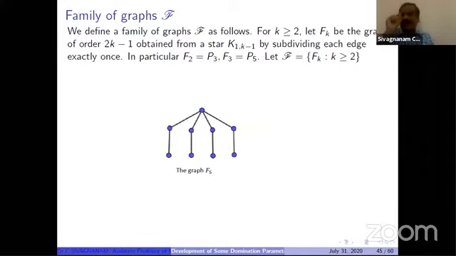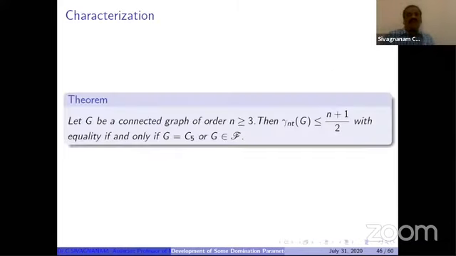I am drawing a star, and each edge is subdivided by a vertex. It is called a subdivided star. I am taking K1,4, and that is why I denote this by Fk. So this type of trees I have to collect. This is one family of trees.